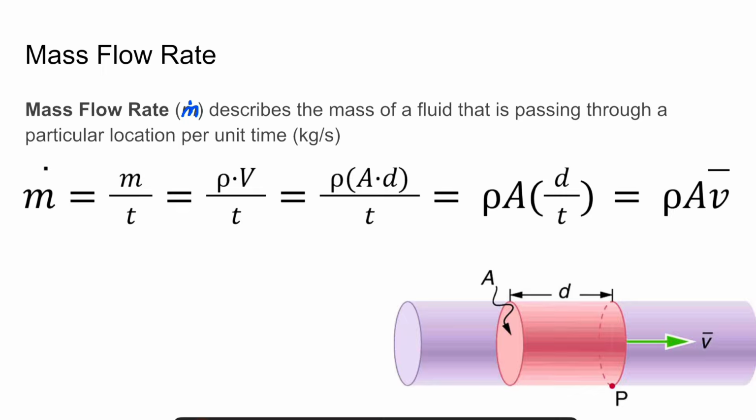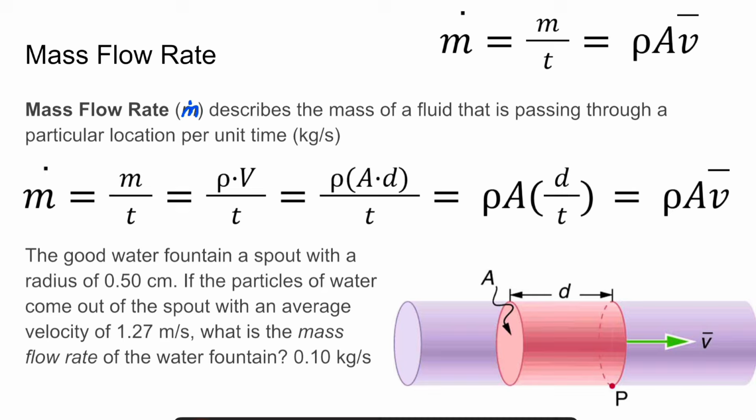So our mass flow rate, we can relate that to the velocity of any individual particle moving through our flow tube as density, or rho, times A, the cross-sectional area of the flow tube, times velocity, the velocity of the individual particles. And let's put this into the water fountain problem.